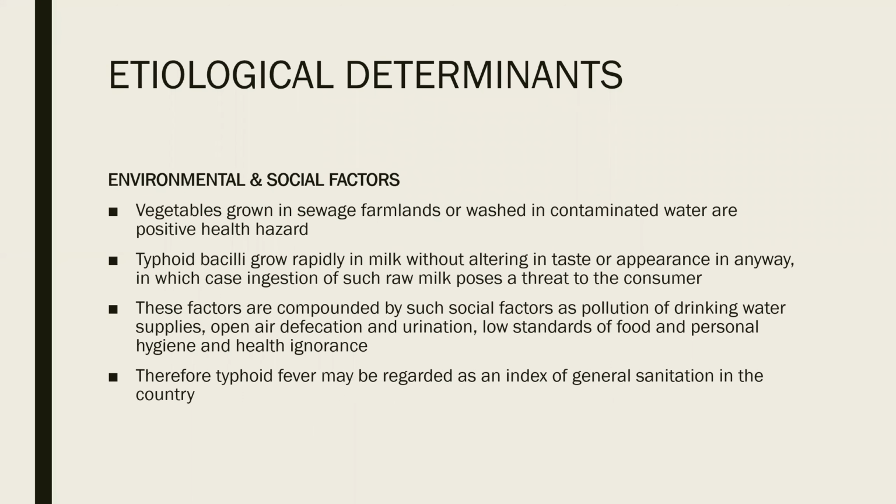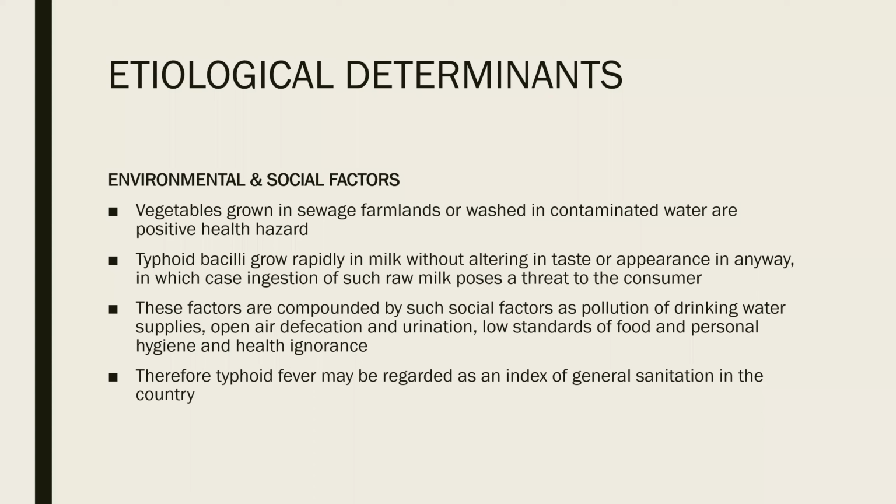The environmental and social factors that we want to look at include the environment, like vegetables grown on sewage farmlands, and anything that would predispose you to exposure to contaminated food or water. It's also important to know that the bacilli grow almost unrestricted on milk, and it doesn't affect the taste or appearance in any way.